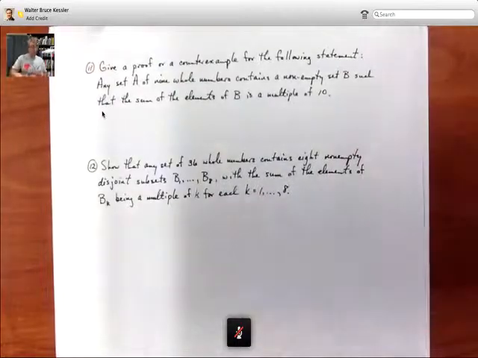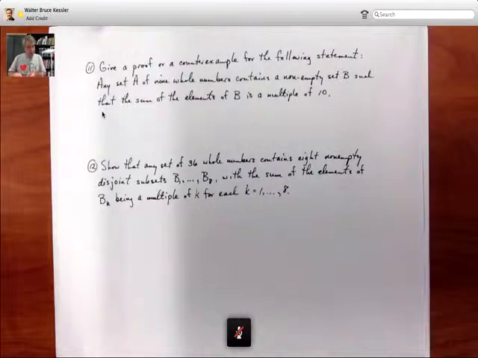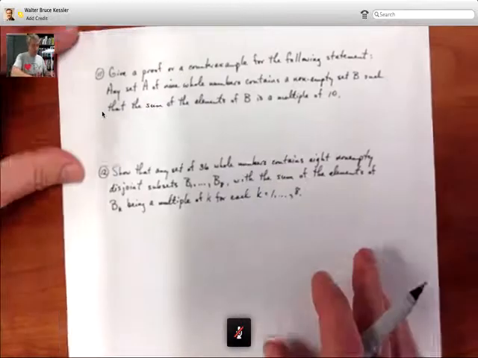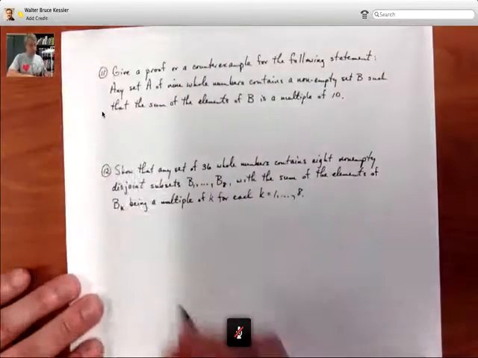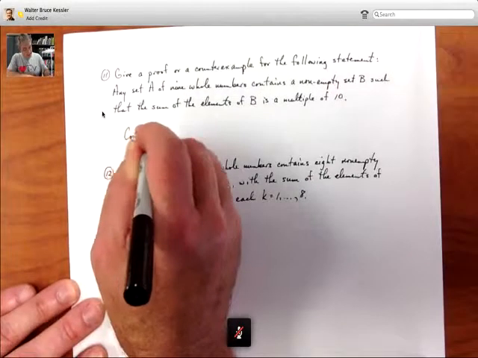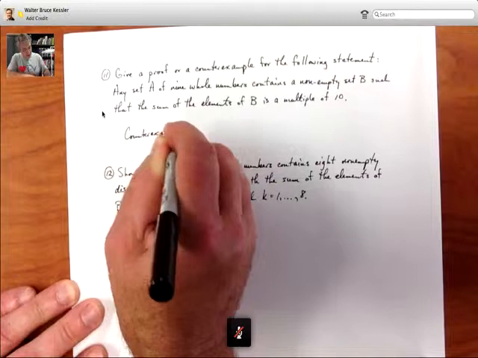Excuse me. 11 says give a proof or counterexample of the following statement. Any set A of 9 whole numbers contains a non-empty set B such that the sum of the elements of B is a multiple of 10. That is not true. Here's my counterexample, and there are many.